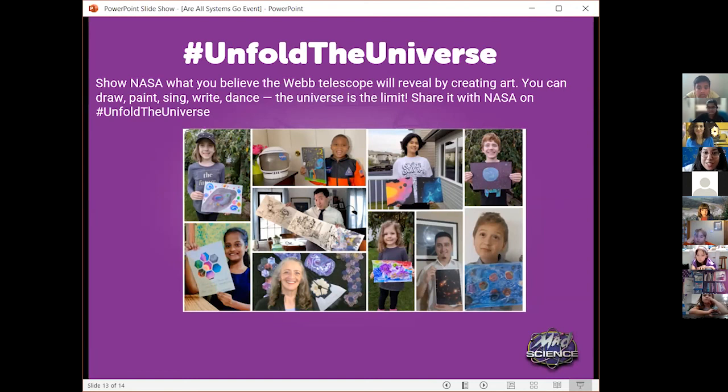The universe is the limit. You can share it with NASA on #UnfoldTheUniverse. And if you just type in Unfold the Universe in NASA, you can find out all the details. If they really like what they see, they'll put you on their website. If it's extra special and catches their eye, they might even put your artwork on the launch broadcast.